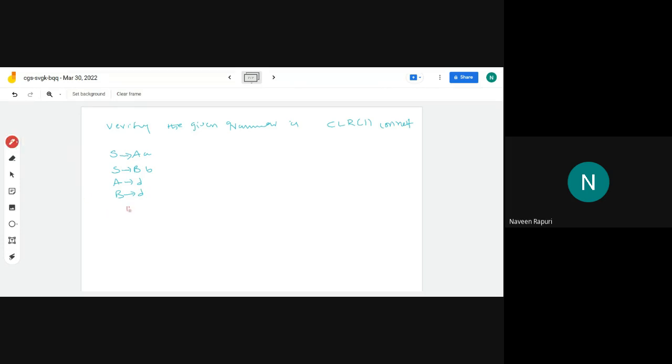For this given grammar, we first need to write the augmented grammar: S dash derives S, S derives Aa, S derives Bb, A derives small d, capital B derives small d. Right. So we need to write the LR1 items of the DFA. For that purpose, we start with S dash derives dot S, comma dollar.